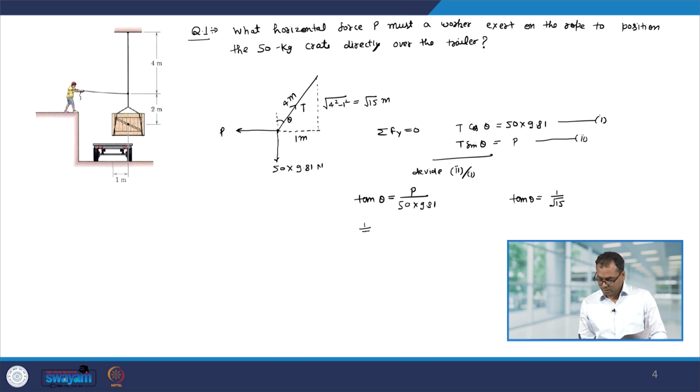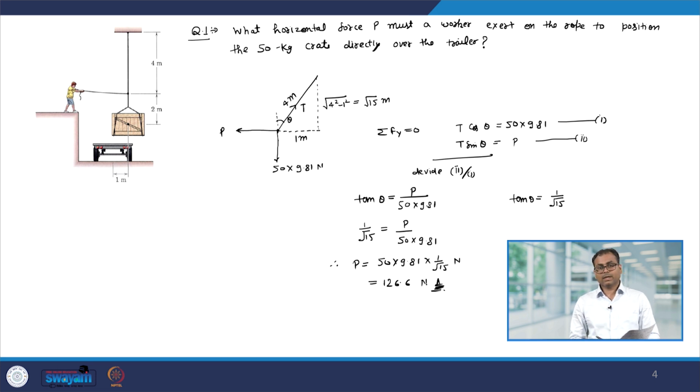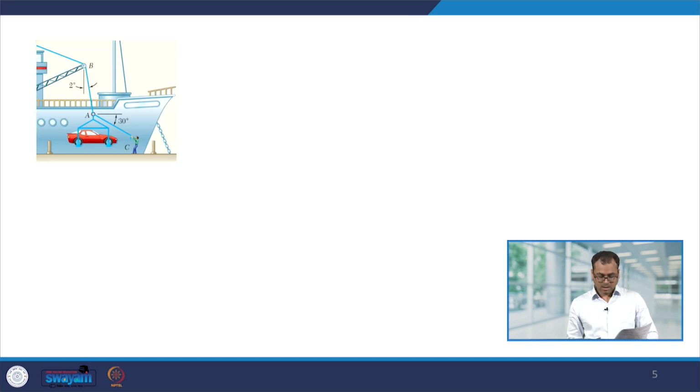Therefore, 1 over square root 15 equal to P over 50 into 9.81. Therefore, P will be 50 into 9.81 into 1 over square root 15, and this comes out to be 126.6 Newton.